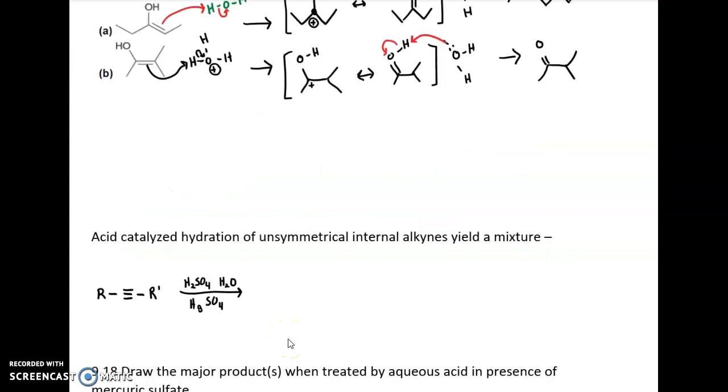If we use acid catalyzed hydration on an unsymmetric internal alkyne, we end up with a mixture. So it doesn't know whether to add the alcohol to this carbon, or maybe it'll add it to that carbon. So we'll get two different compounds.